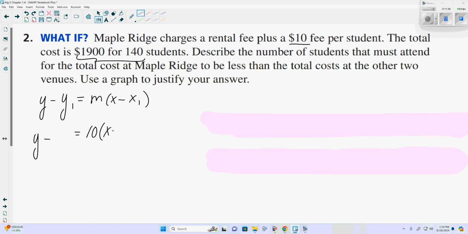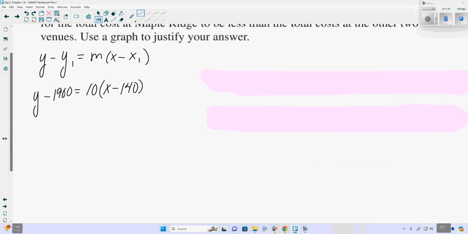We can plug 10 in for our slope, and then we can use the point, or the fact that the cost is $1,900 for 140 students. The 1,900 would be Y, and the 140 students would be X.